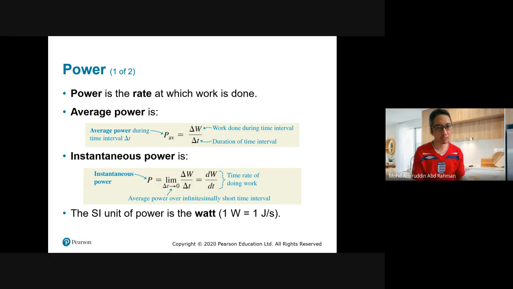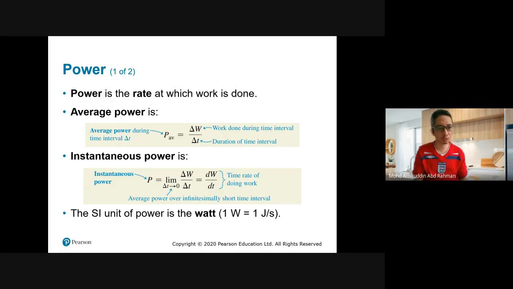And then the instantaneous power, we have that as P equals the limit as delta T goes to 0 of delta W over delta T, which is dW over dt.